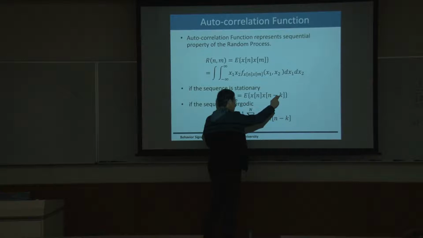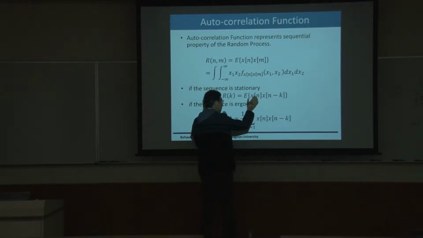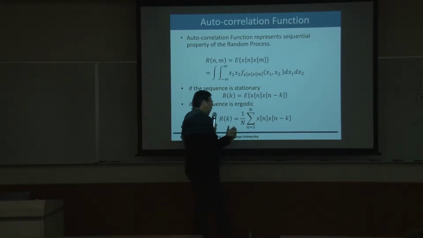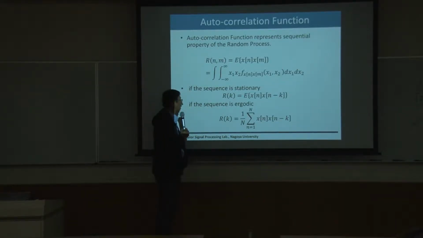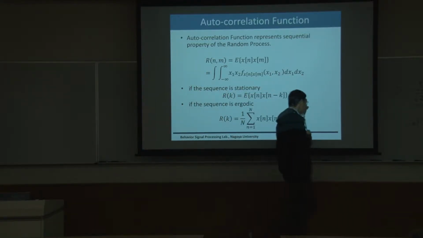For instance, if k is 3, then the products of x5 and x2, and x7 and x4, remain the same value when the expectation operation is taken. That is the wide sense stationary definition, and usually we say stationary when it is wide sense stationary, WSS.